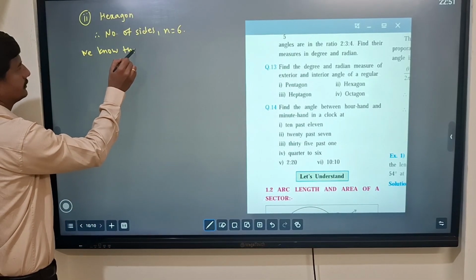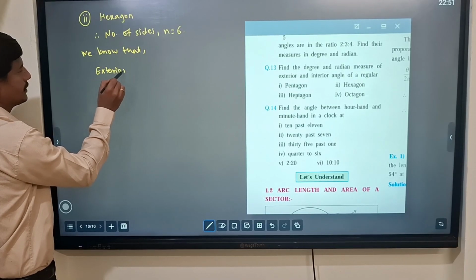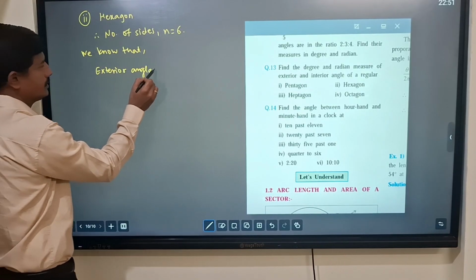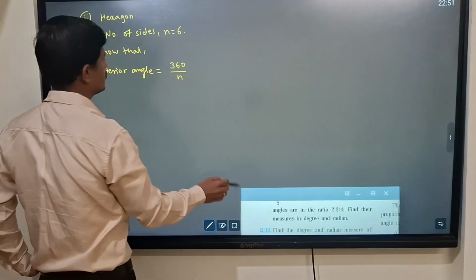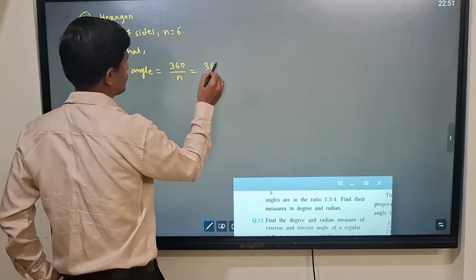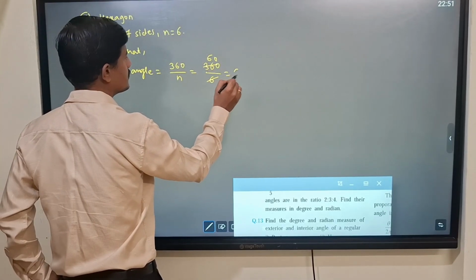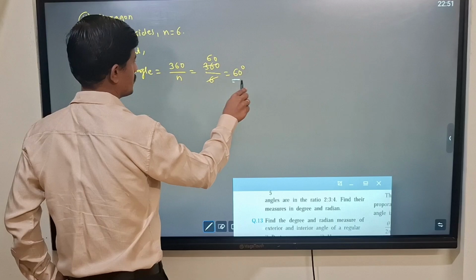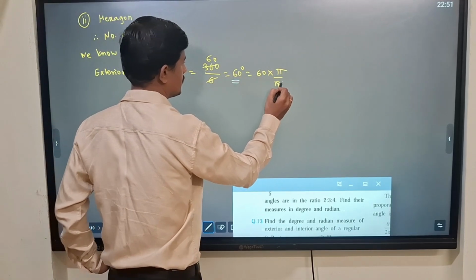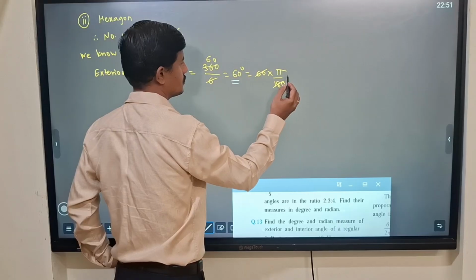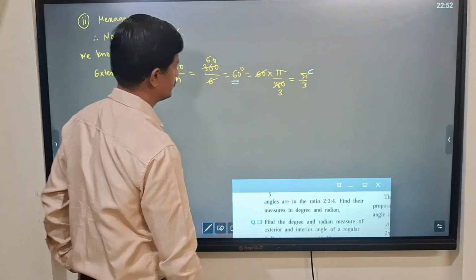We know that exterior angle is simply 360 divided by n. So 360 divided by 6, 6 6s are 36, so this becomes 60 degrees. And that 60 degrees in radian, multiplied by pi by 180, becomes pi by 3 radian.